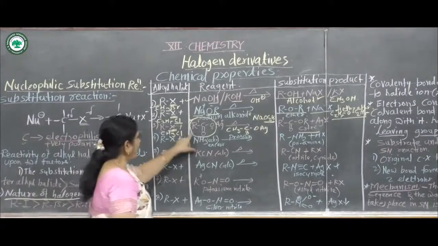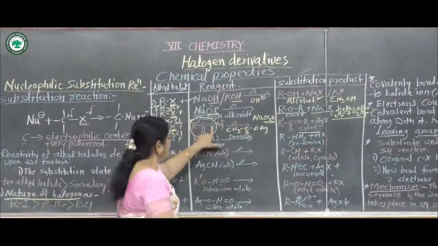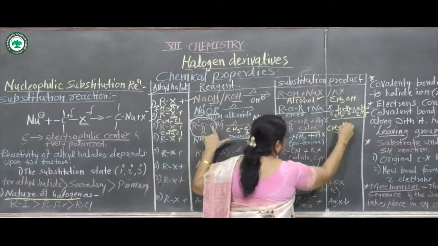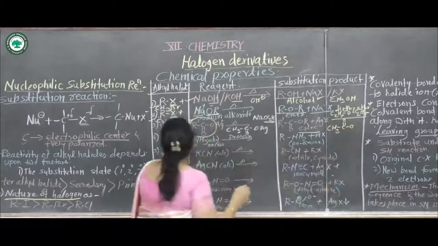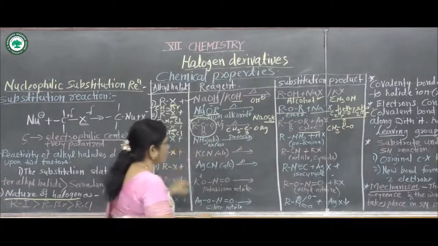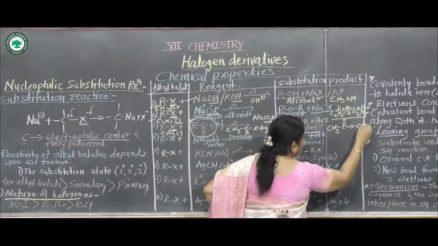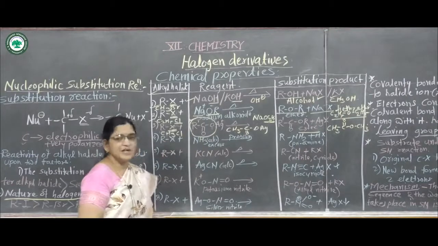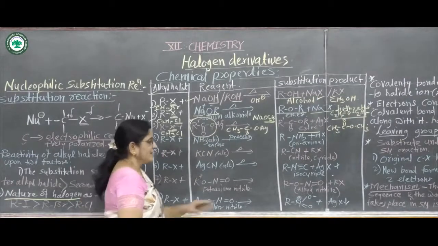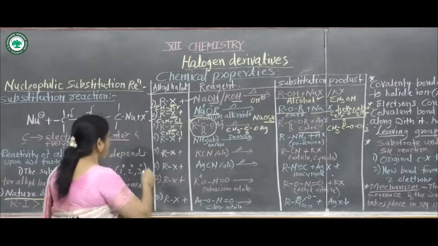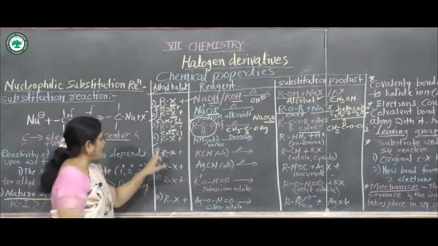Again here R-COOR means here CH3COO, and here which alkyl group? CH3 group. R means the CH3 group. The name of this ester is methyl ethanoate. Then the fourth reaction, that means again RX.